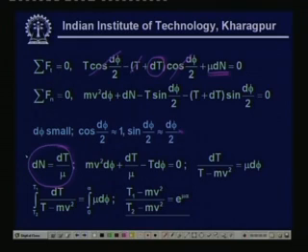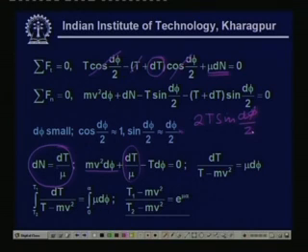And in the next one we have this m v square by d phi remains as it is. This dn is replaced by dt by mu from this equation. So, this is the replacement of dn, and if we look to this expression once again, then what we can see is this 2 gives us an idea: 2 t of sin d phi by 2.